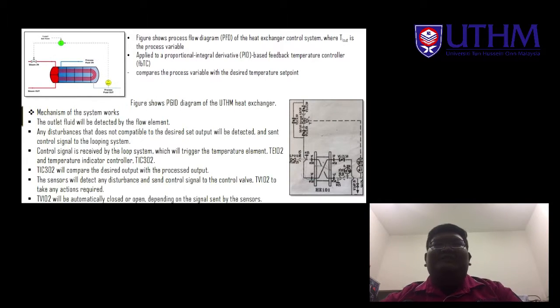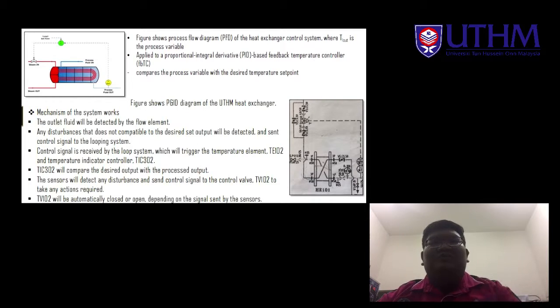Next, the mechanism of the work system. The outlet fluid will be detected by the flow element. Any disturbance that is not compatible with the desired set output will be detected and a control signal sent to the looping system. The control signal is received by the loop system, which will trigger the temperature element TE102 and temperature indicator control TIC302.